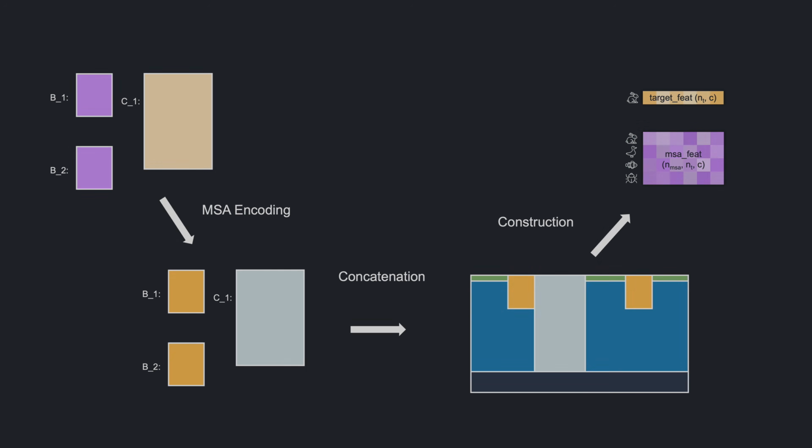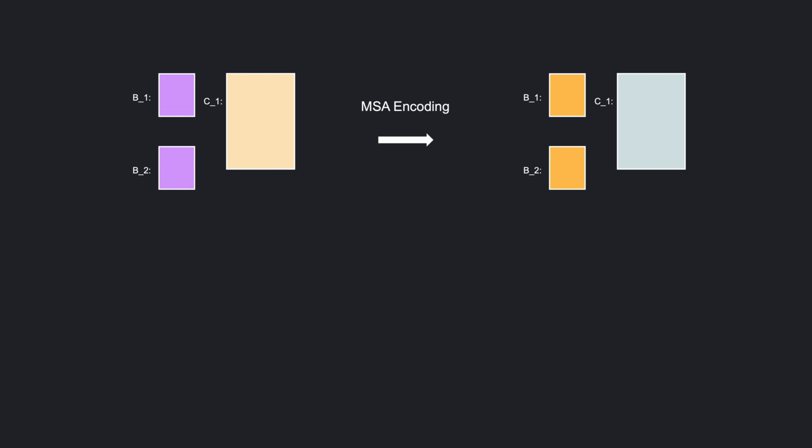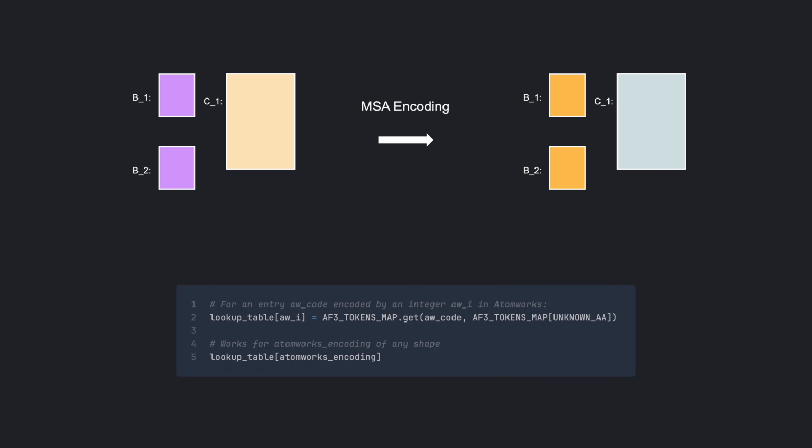So, first step, MSA encoding. AtomWorks actually already provides the MSA tensor as an integer encoding, but it uses the wrong integers. To fix that, we just need to apply a map to the AtomWorks integers. If AtomWorks encodes glycine as a 3 and we want to encode glycine as a 7, we need to map all 3s to 7s. We can compute that efficiently using a lookup table.